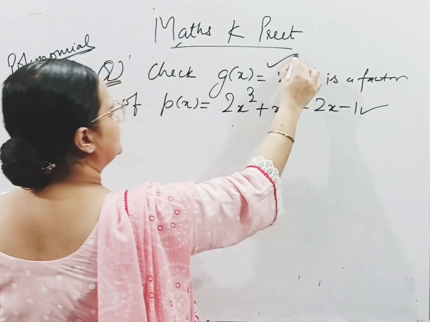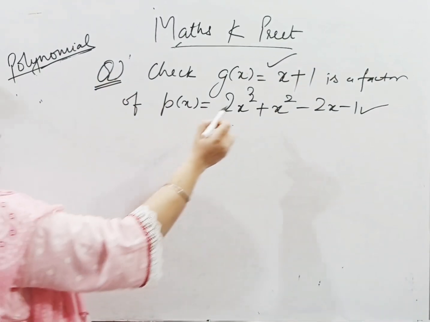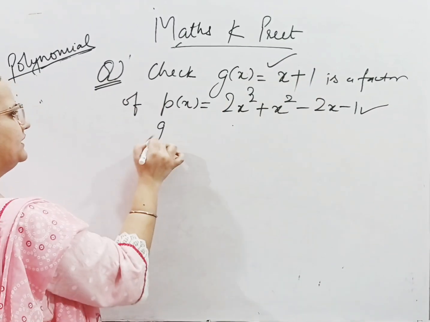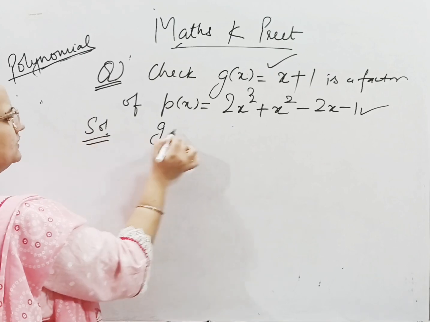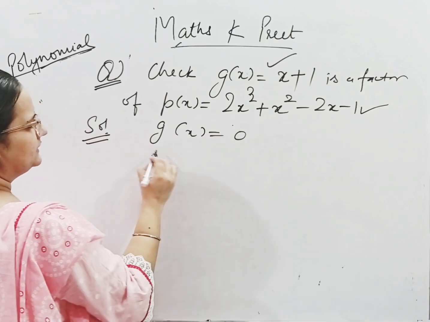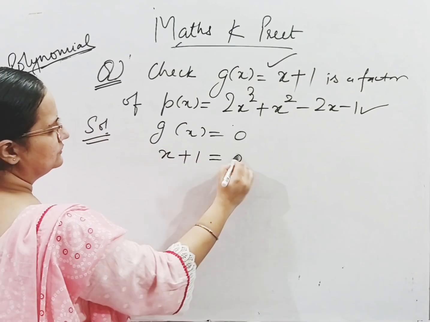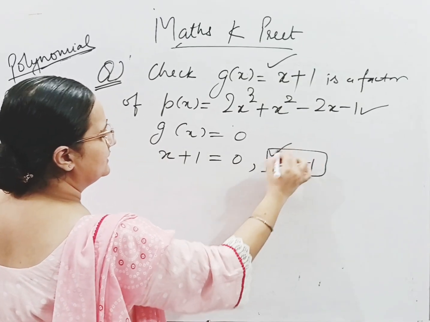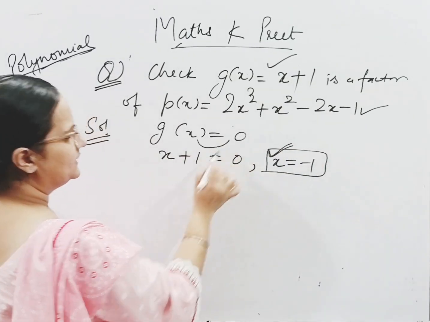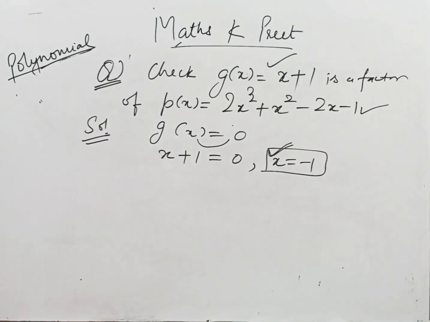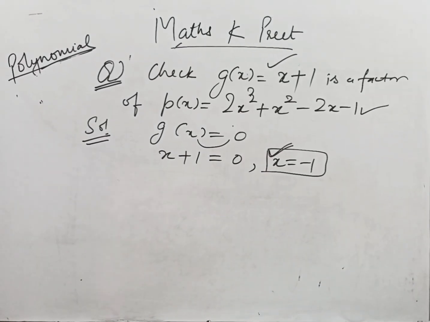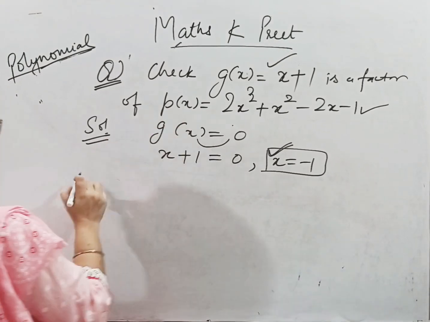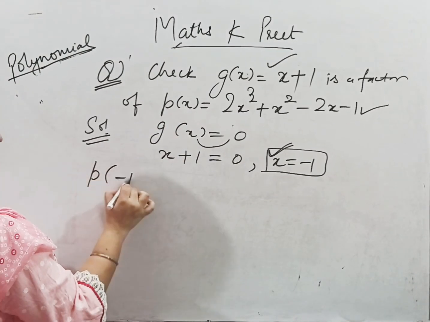So this is p(x), this is g(x). First, we will find the value of x by equating g(x) to 0. So x plus 1 is equal to 0, x is equal to minus 1. Always find the value of x just by equating the divisor to 0. Put that value of x in the dividend, or p(x).